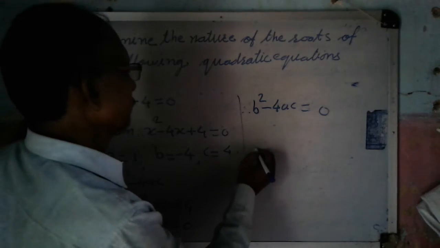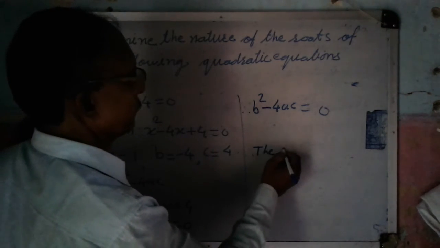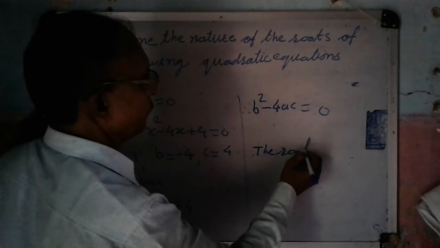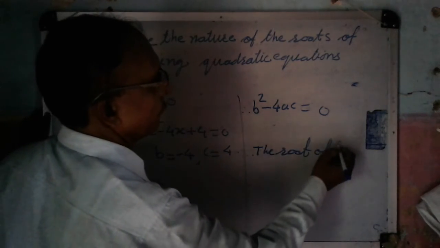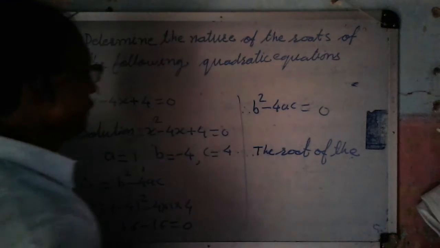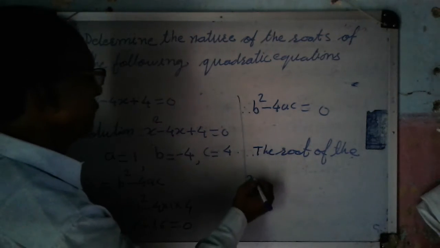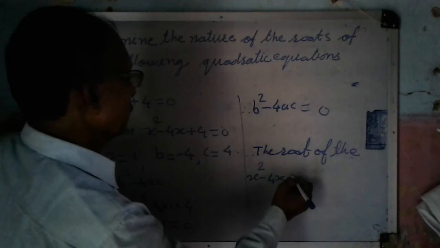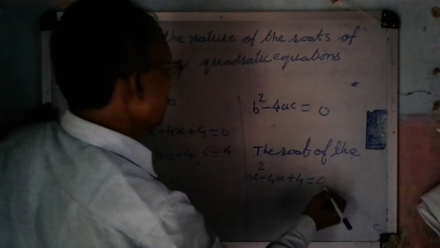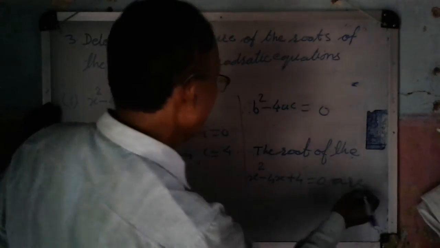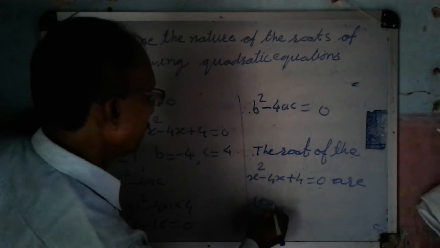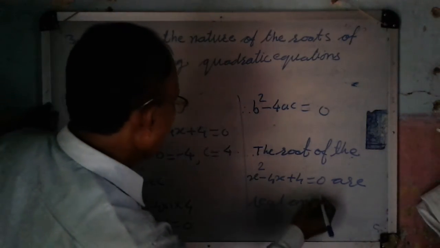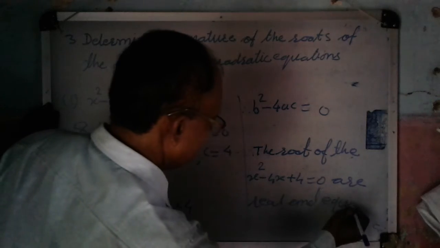And therefore, the roots of the equation x square minus 4x plus 4 equal to 0 are real and equal.